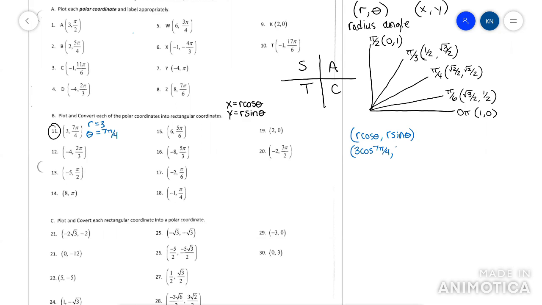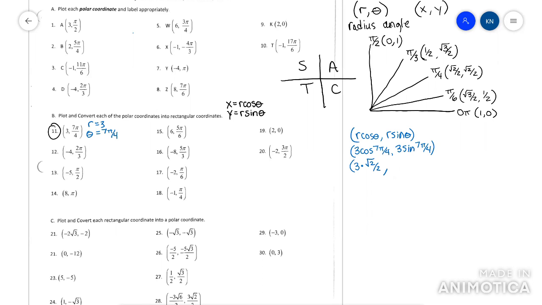And then the next one would be 3 sine 7 pi over 4. So you have 3 times cosine 7 pi over 4, puts it in quadrant 4, so cosine's positive. Reference angle is pi over 4, which the cosine of that is root 2 over 2. So this one's 3 times root 2 over 2.